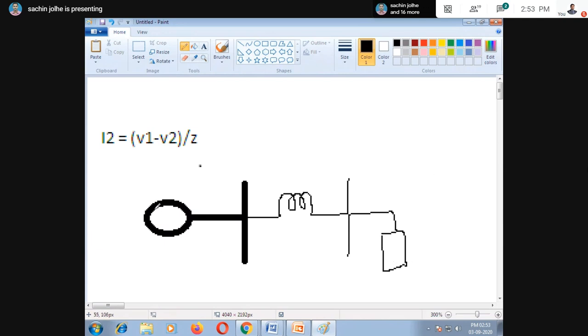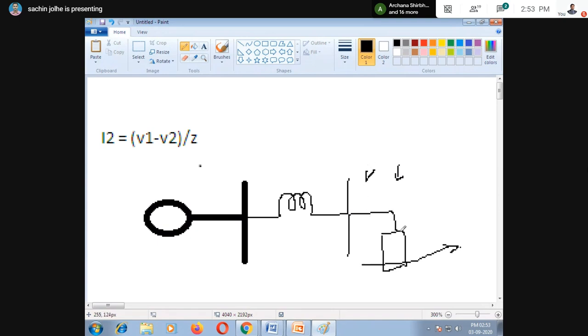This is a generator, and we are increasing the load. As we are increasing the load, the voltage is going to decrease.